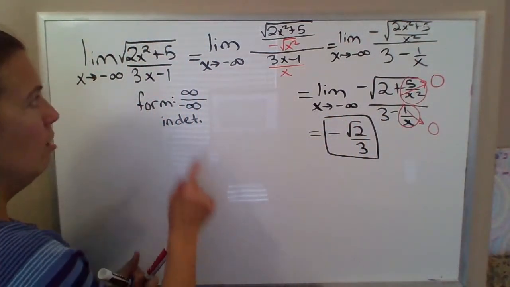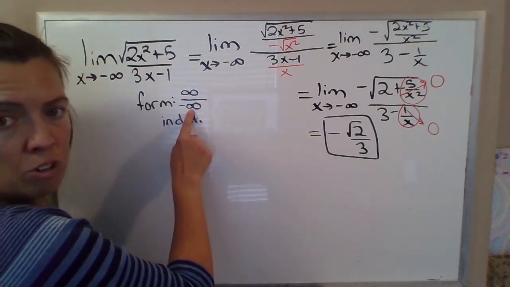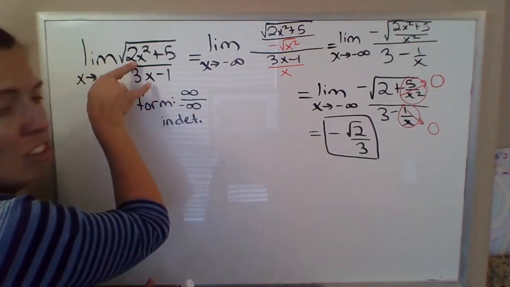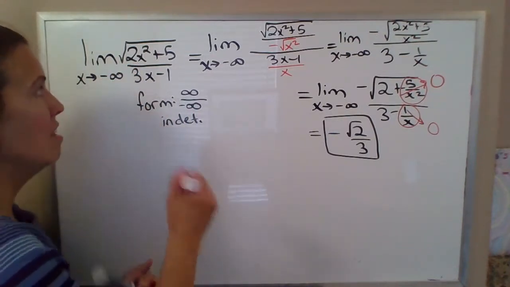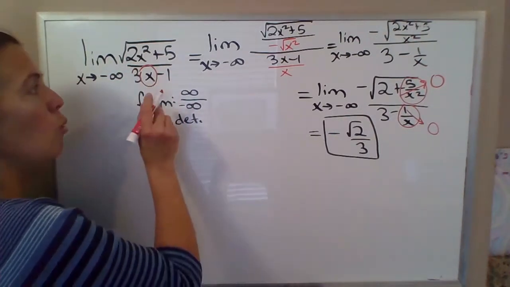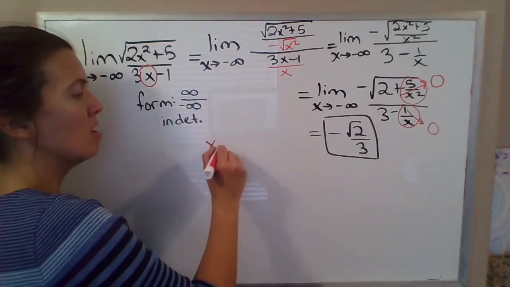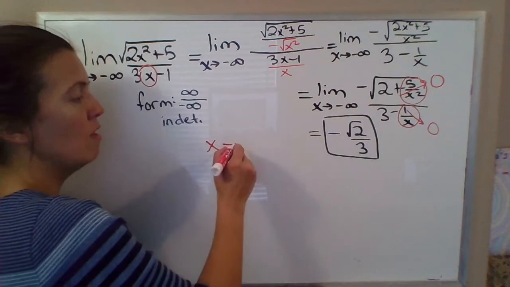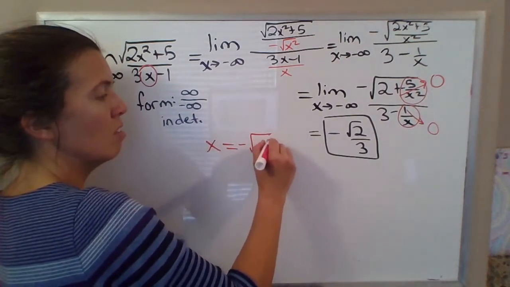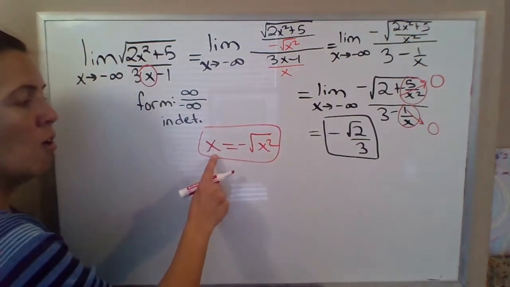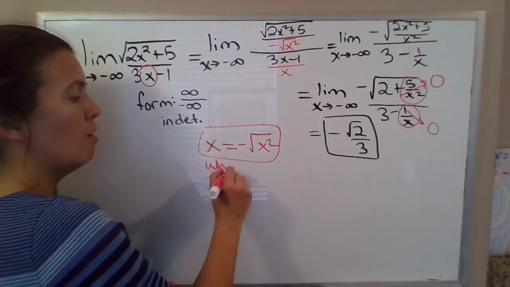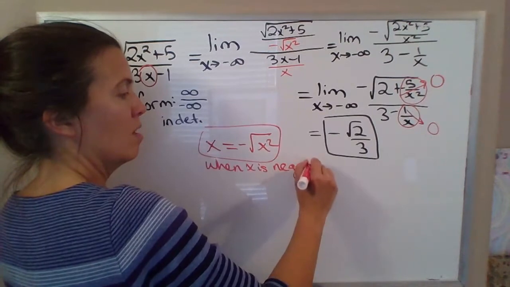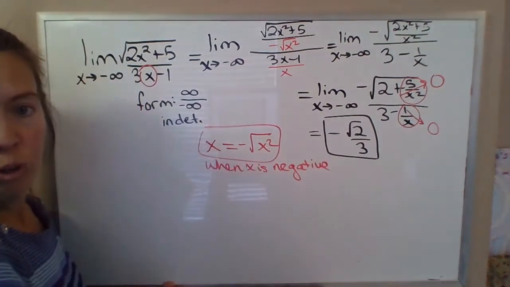The key here is the indeterminate form. We want to resolve the indeterminate form, infinity over infinity, by dividing top and bottom by the highest power of x in the denominator, and knowing how to take that x and write it in a form that will be easy to reduce with the square root in the numerator. In this case, it was that whole discussion about how for a negative value of x, x is equal to negative square root of x squared.